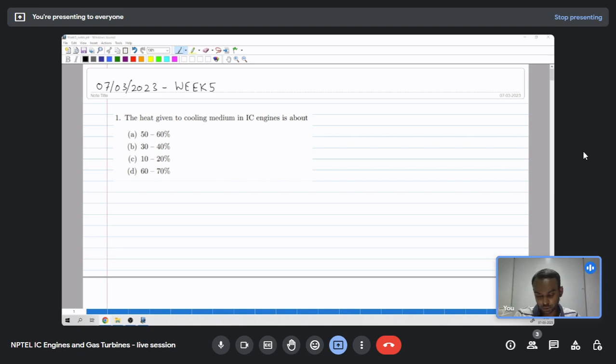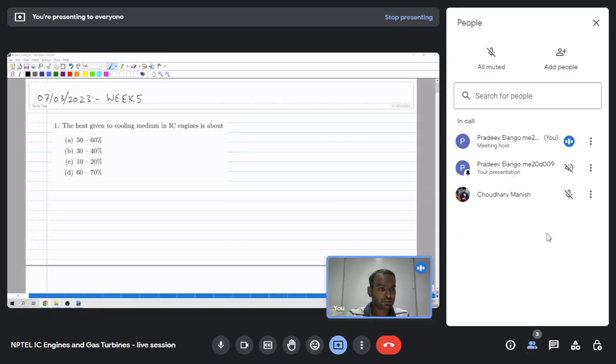The heat given to cooling medium in an IC engine is about 50 to 60%, 30 to 40%, 10 to 20%, or 60 to 70%. Can someone answer what is the answer?